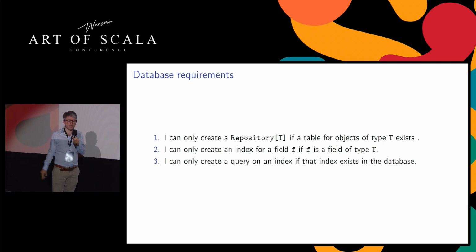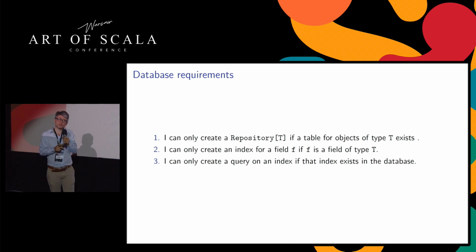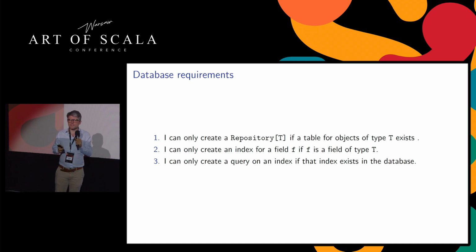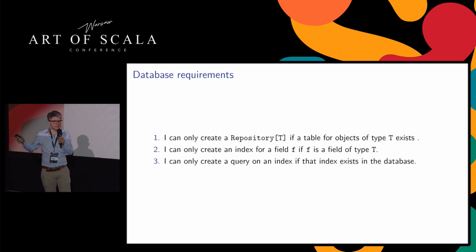And I would like to check these requirements at compile time. So I would like to encode them in some way in the type system, maybe, so that the compiler actually tells me that one of these requirements is not satisfied. And that's very, very complicated, because the compiler cannot connect to the server and see what's actually there.